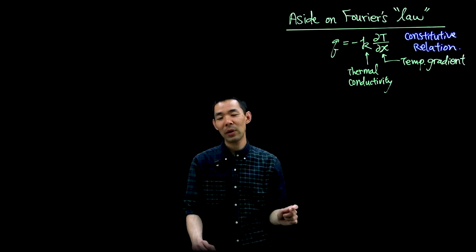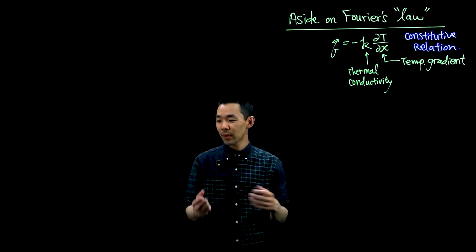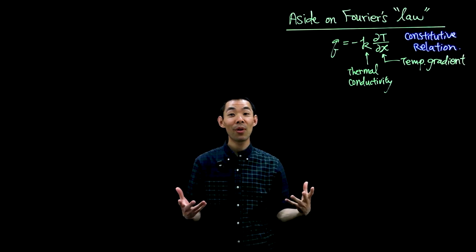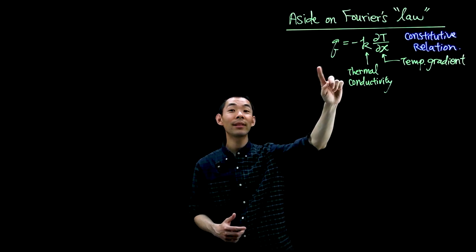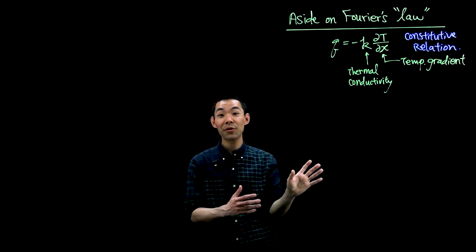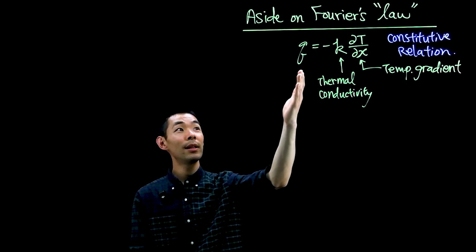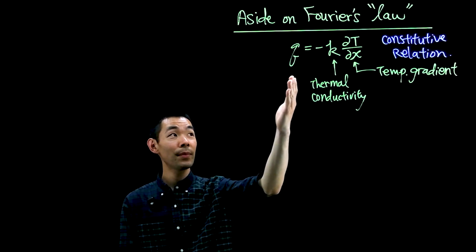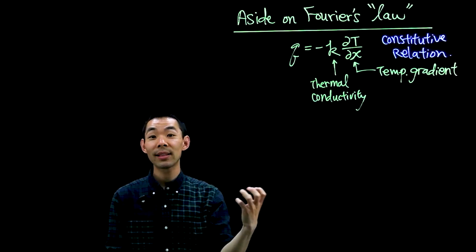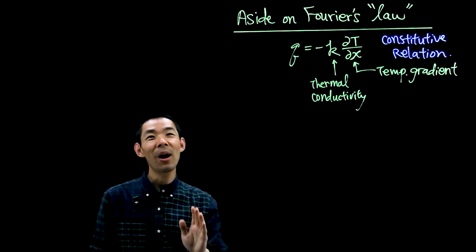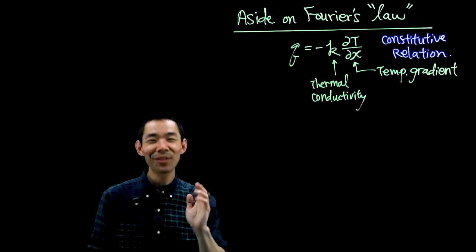But in many situations, the foods you eat, the foams you put on your body, the sunscreen, various consumer products, they don't behave in this linear fashion. So this is a situation where many materials have a nonlinear relationship between the flux vector and the quantity that's conserved.